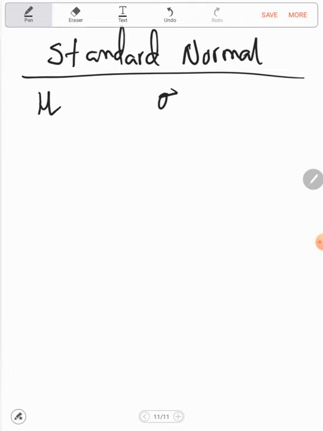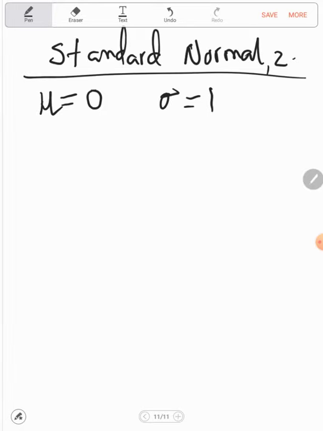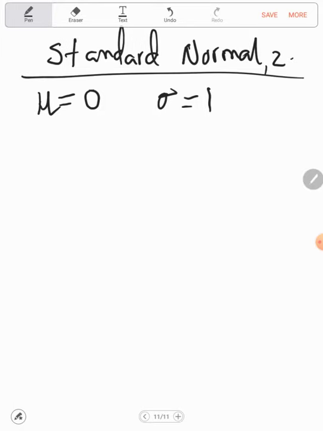But a standard normal distribution, also known as the Z distribution, is special because we assume the mean to be 0 and the standard deviation to be 1. So for a standard normal distribution, the mean is always 0 and the standard deviation is always 1.